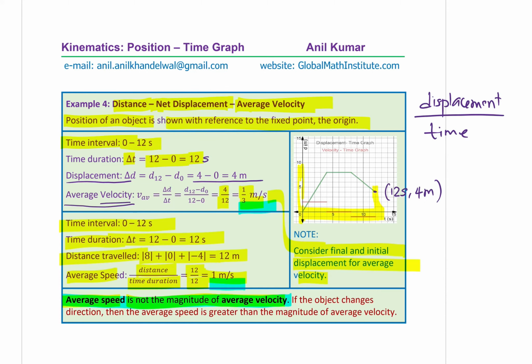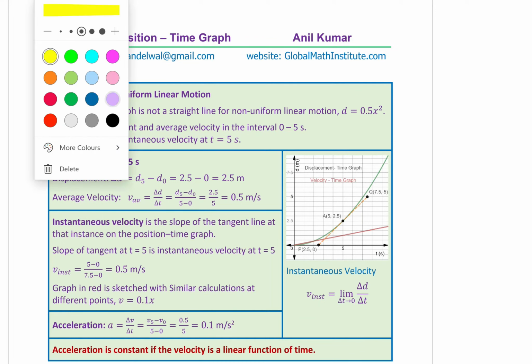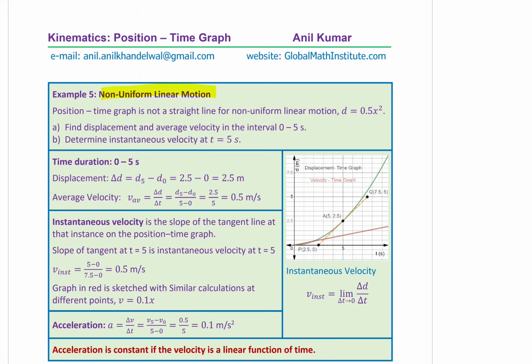Now let us consider example 5, non-uniform linear motion. Position time graph is not a straight line for a non-uniform linear motion. We need to find displacement and average velocity in the interval 0 to 5 seconds, and we need to determine instantaneous velocity at 5 seconds, right?